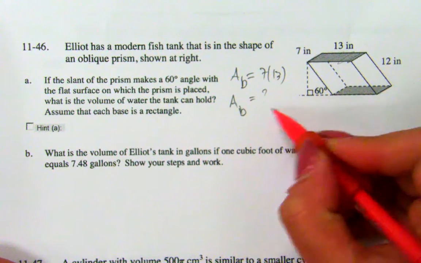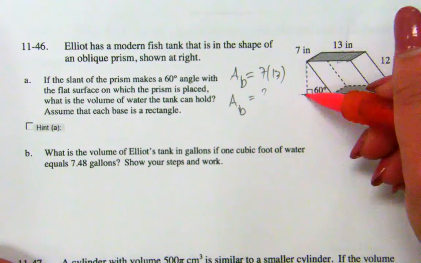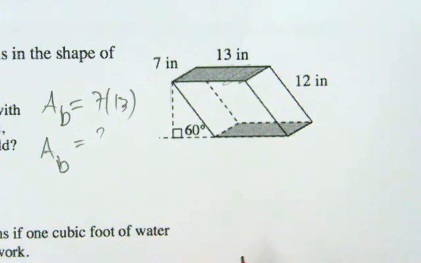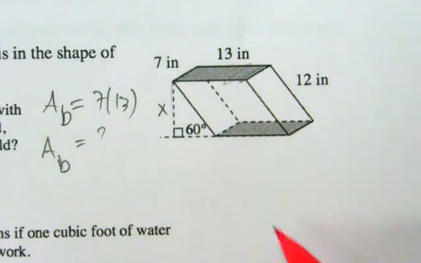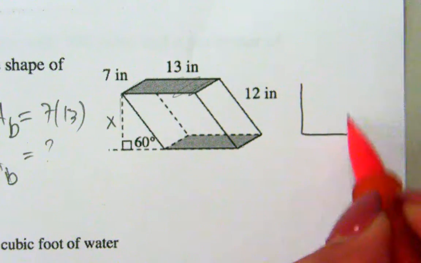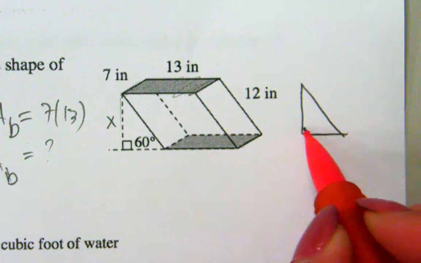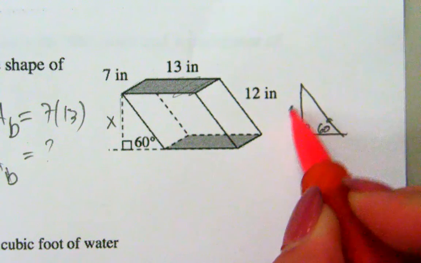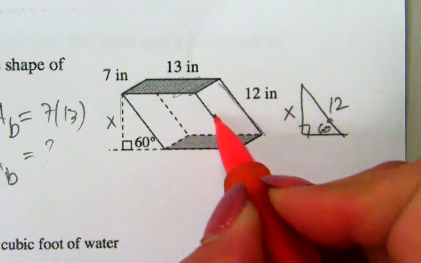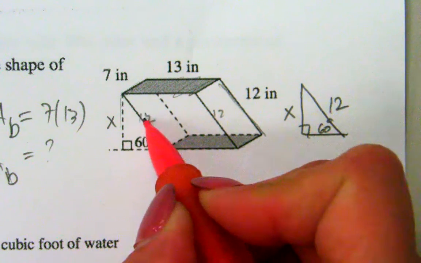And then the height is going to be this part right here. So if you zoom in here, the height is going to be off your right triangle, right? You have a right triangle, you have 60 degrees, you want to find x, and you have the hypotenuse, technically 12, because this is going to be 12, that's going to be 12 also.